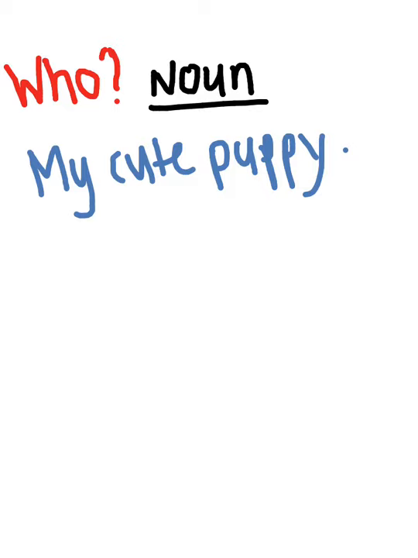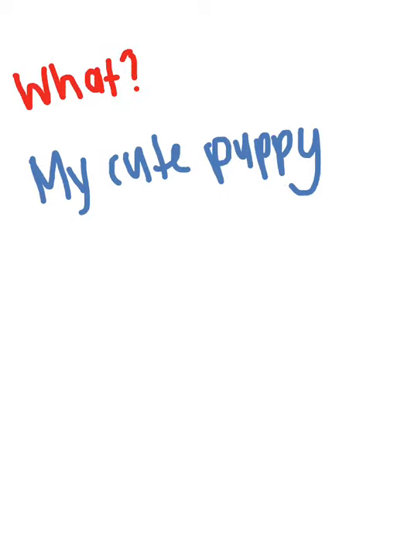We're going to go to the next slide, the next question we need to answer to stretch this sentence: the what. We need to talk about what my cute puppy is doing. We can say my cute puppy is barking. My cute puppy, I cannot talk today.